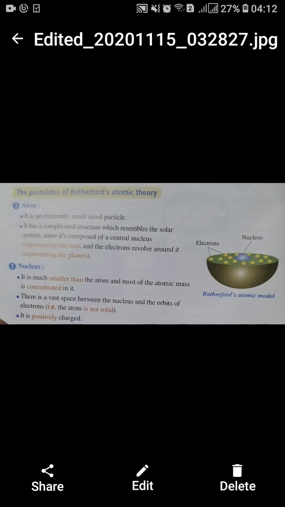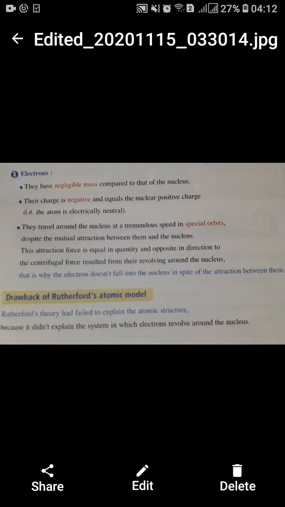In addition, it's positively charged, while electrons have negligible mass compared to that of the nucleus, I mean to protons and neutrons. And their charge is negative, and it equals the positive charge of the protons.